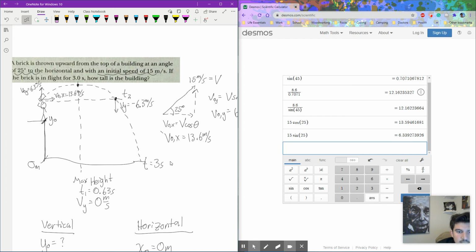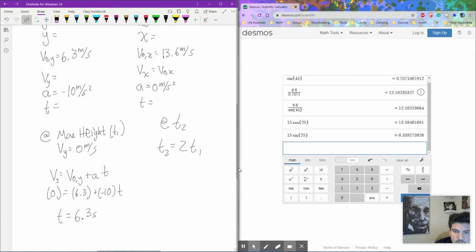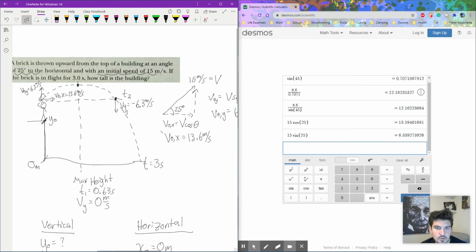And so it's going to take another 0.63 seconds to get from here to here, or in total, we can plug that in, which works out to be 1.26 seconds. Okay, so now we know that the brick is here at 1.26 seconds.